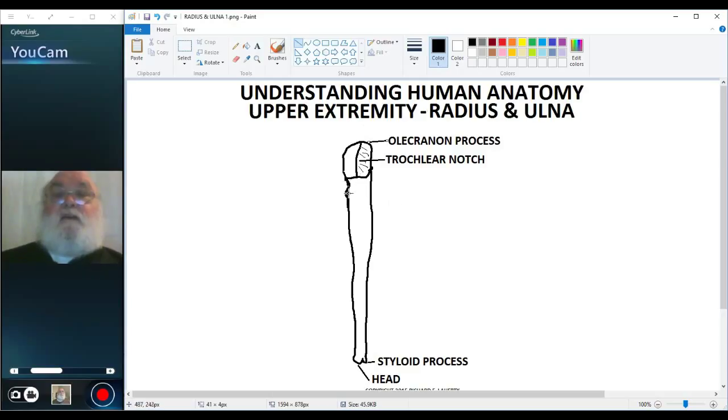Now there also is a slight depression over here at the lateral edge of the trochlear notch and the shaft of the ulna, and this is called the radial notch.